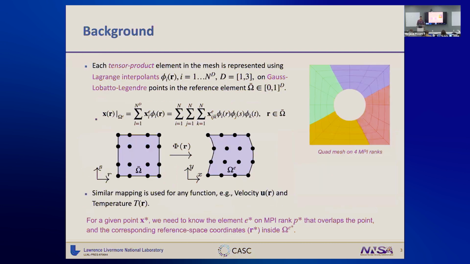To give you a quick background, following standard practice, mesh nodal positions in our framework are defined using a combination of nodal points in the reference space and basis functions. So for mesh nodes, the nodal points are Gauss-Lobatto-Legendre points, and the basis functions are just Lagrange interpolants.